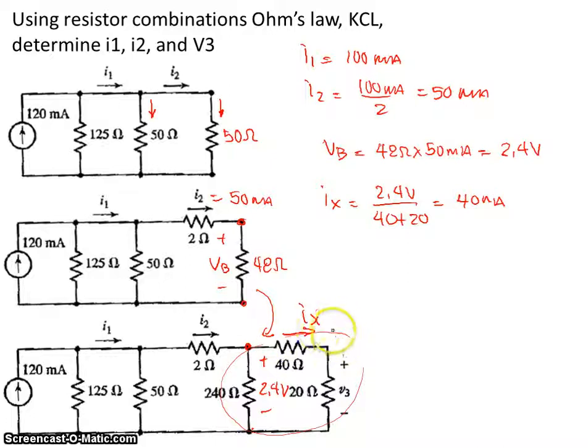Knowing that I have 40 milliamps flowing through this branch will allow me to find V sub 3, that is going to be 20 times 40 milliamps, and this is going to be 0.8 volts, and that's the result that we're looking for.